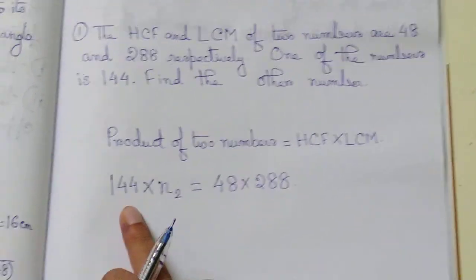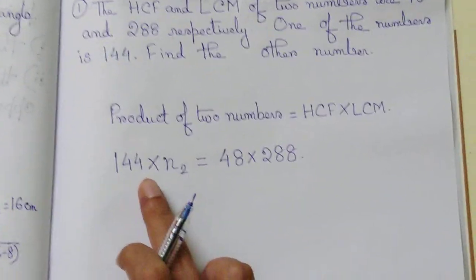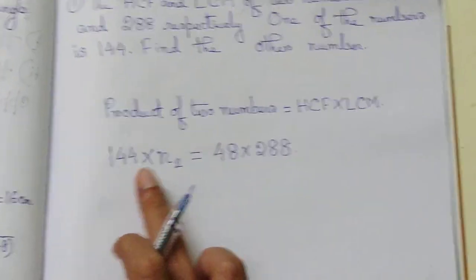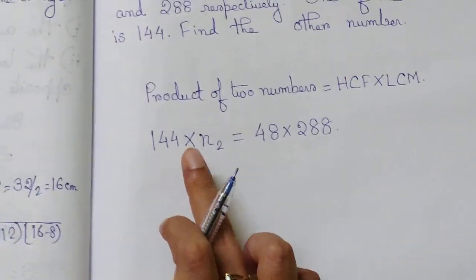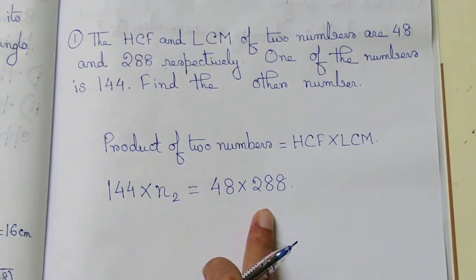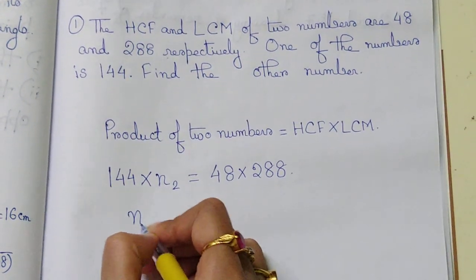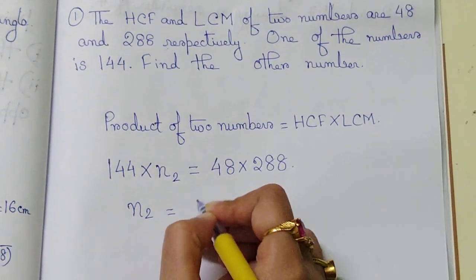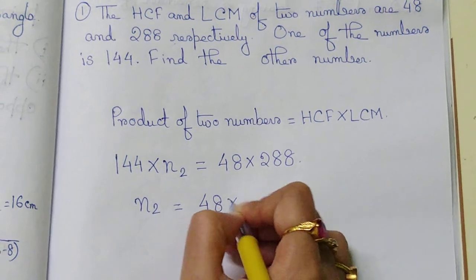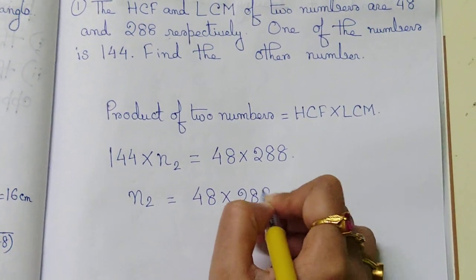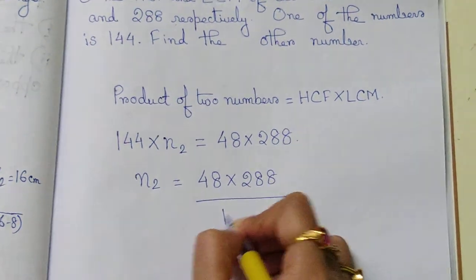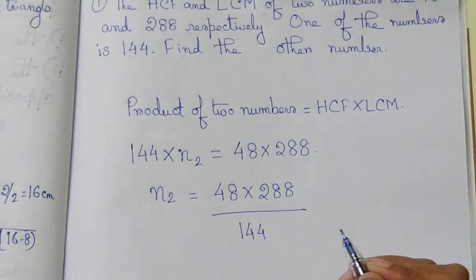Since in the left hand side the relationship is in multiplied form, when it comes to the right hand side, it will be in the division form. So N2 equals to 48 into 288 divided by 144.